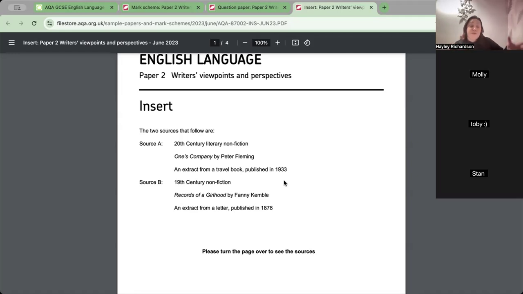So, for example, one of the past papers was about how to solve insomnia, and the two sources were again, one was 20th century and one was 19th century, and both of them stated different solutions that they thought would be good to cure their insomnia. One of them said they woke up and maybe they were hungry, so they started eating.